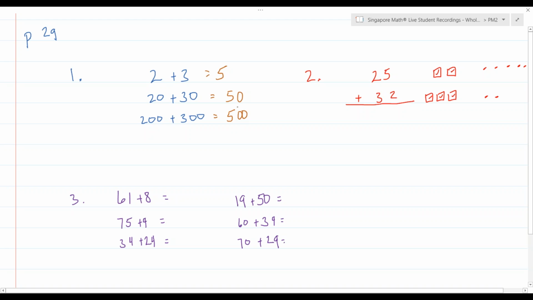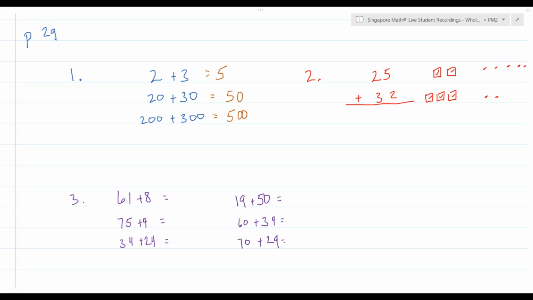Notice what is the same there. 2 plus 3 is always 5. It's just, are you talking about 2 tens and 3 tens, or 2 hundreds and 3 hundreds? And notice, usually people say 20 plus 30 is 50. But that's the same thing as 2 tens plus 3 tens is 5 tens. Very important to notice.